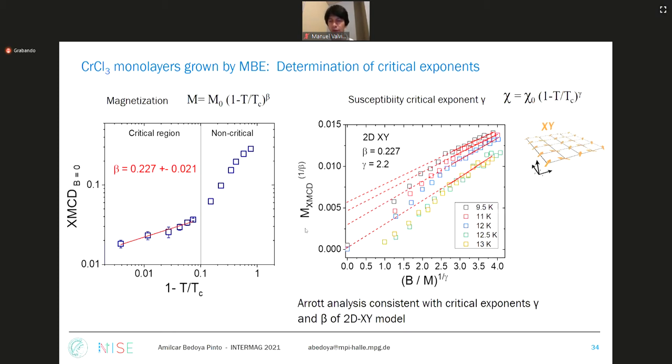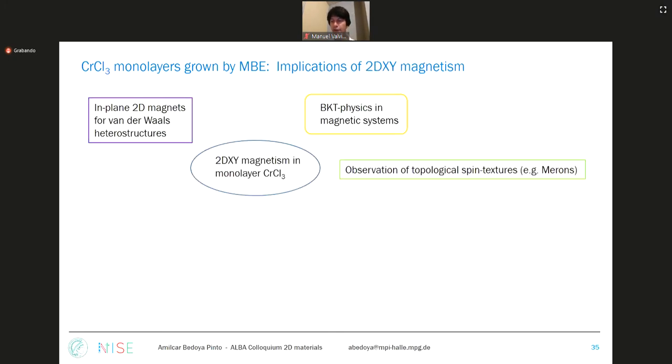And the data here also fits very nicely with the critical exponents predicted for the 2D XY model. So that is actually the main message of my talk: MBE preparation of this monolayer and investigation by XMCD, that we have a new type of magnetic class that was not present before in the case of van der Waals magnets.